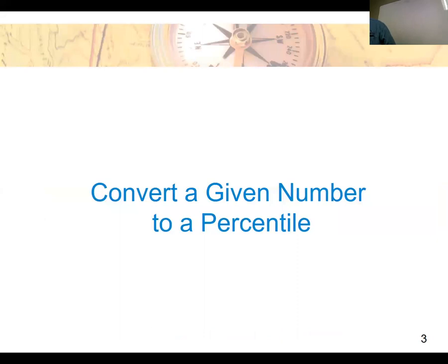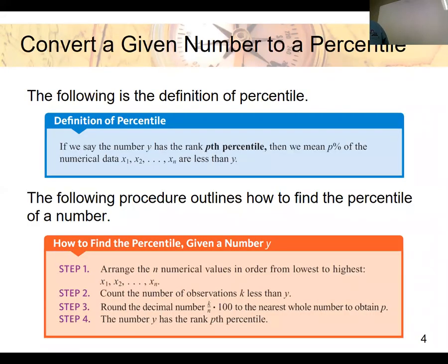All right, so first we'll look at how to convert a given number to a percentile. And here is the definition of a percentile. If we say that the number y has a rank of the p percentile, what that means is that p% of the numerical data are less than y. Percentiles are used pretty much when dealing with test scores.